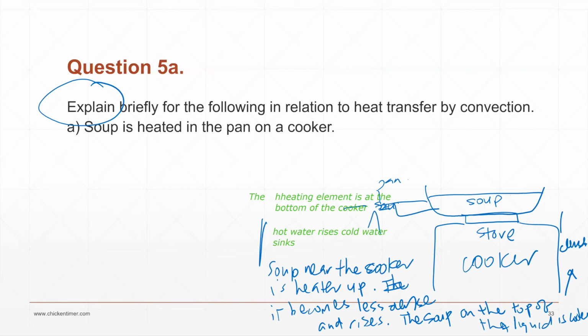So then you will say that it will sink to replace the soup that has risen. So thus creating, which is what you wrote down here, so thus creating a convection current.